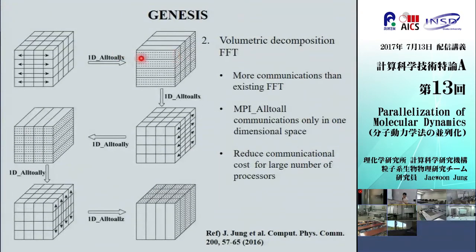And again, back to this structure. Next, we need to perform FFT in this direction. To do this, these 4 processors have some MPI all-to-all communication. Then you can have a data structure like this, and you can perform FFT in this direction. And the same thing.